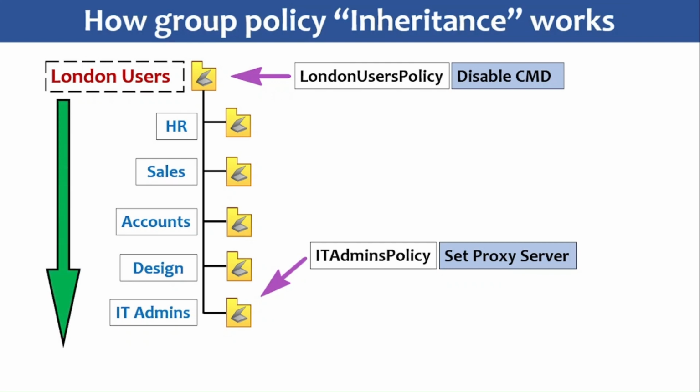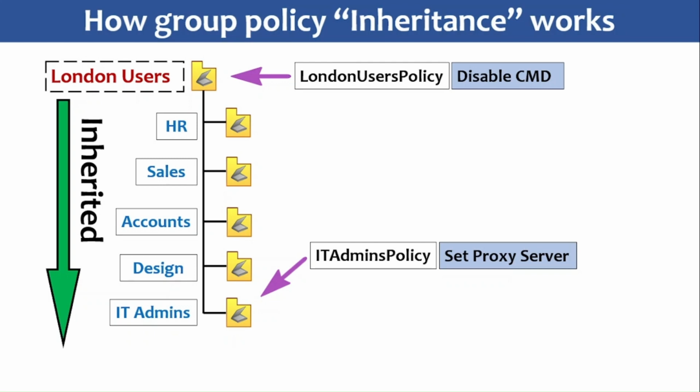Here inheritance comes into the picture. The London users policy will also be applied on the IT admins OU. It will be applied on all the OUs under London users, that is HR, sales, accounts, design, and IT admins.